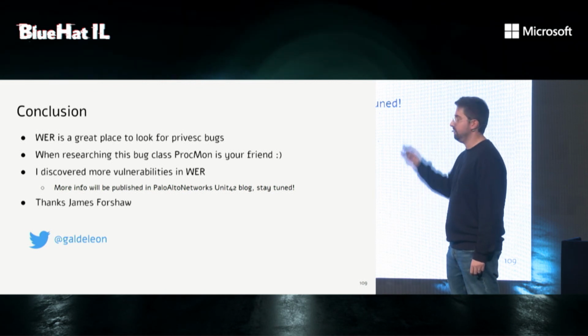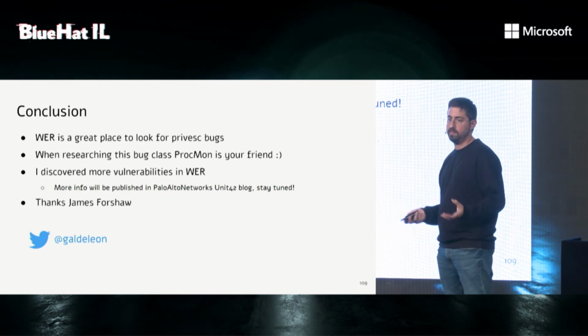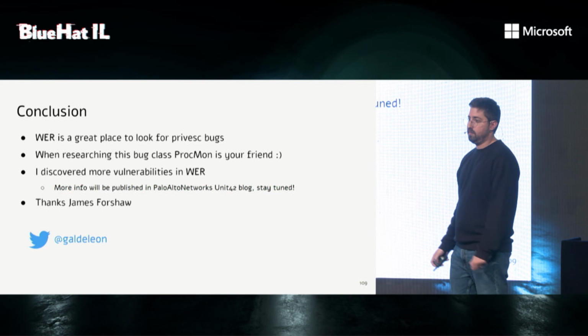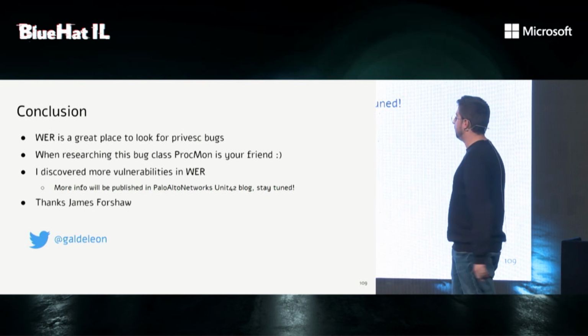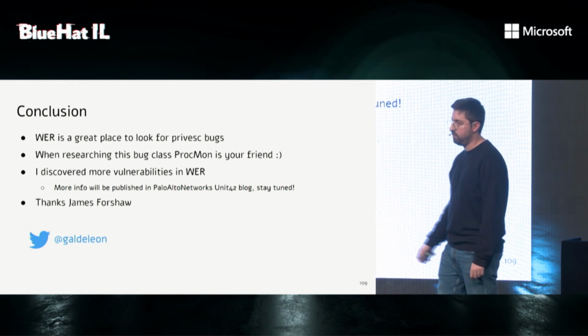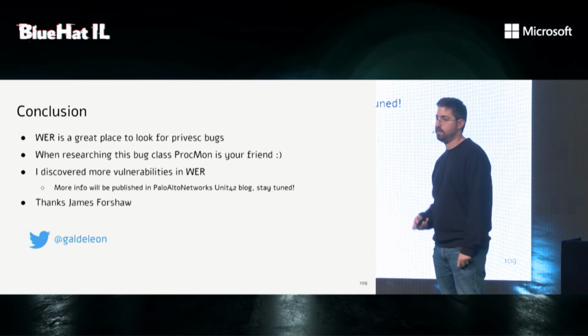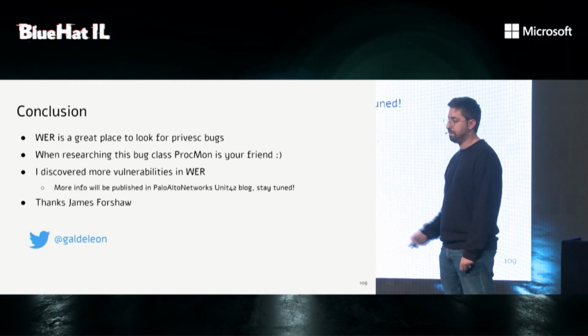Some of the bugs, again, I discovered basically by opening Procmon, crashing processes and seeing what's happening. I only talked about 3 bugs I discovered, but I discovered way more vulnerabilities in Windows error reporting, and I'll publish more information about them in Palo Alto Networks' Unit 42 blog in the next few weeks. So if you're interested in that topic, I recommend you review them.